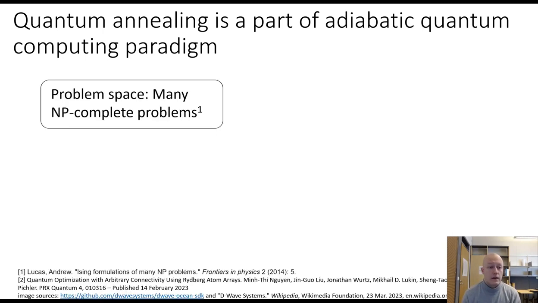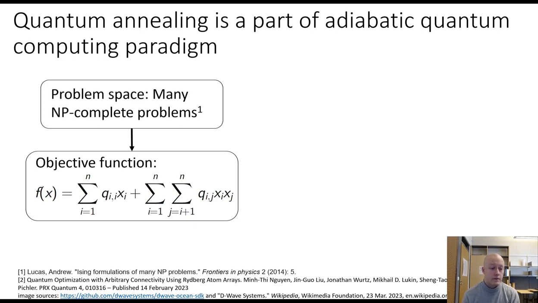But the idea is that with these quantum annealers and with these QUBO formulations, we are able to solve many NP-complete problems pretty easily. They have already been formulated in this Ising way, which is equivalent to QUBO formulations. So we can find various objective functions that describe these hard problems.